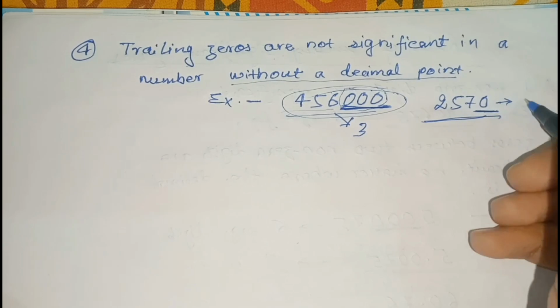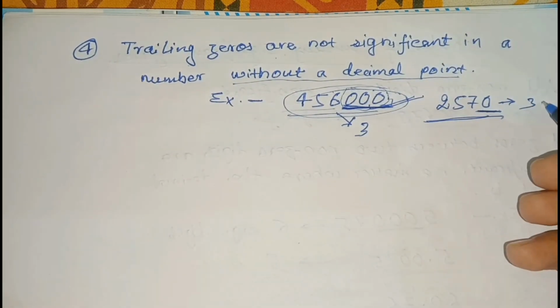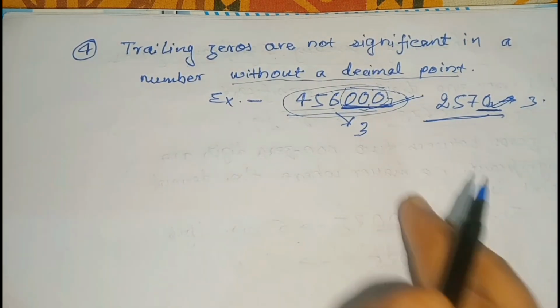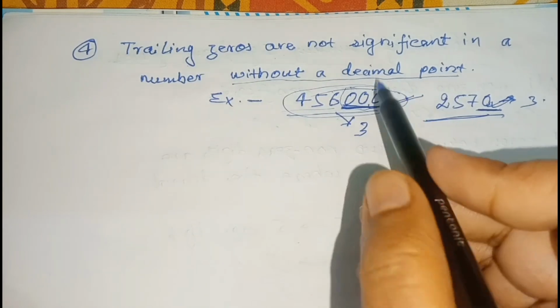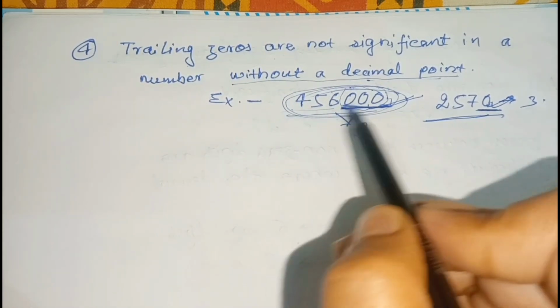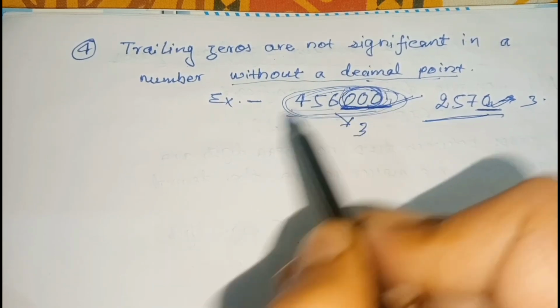This will have 3 also. The zeros will not be counted. How to recognize this? We will see at first, is it having a decimal point or not? It is not having a decimal point. Then the zeros are trailing and will not be counted as significant digits.